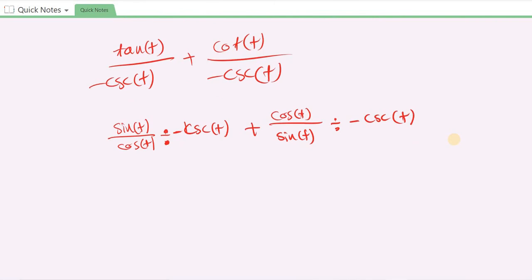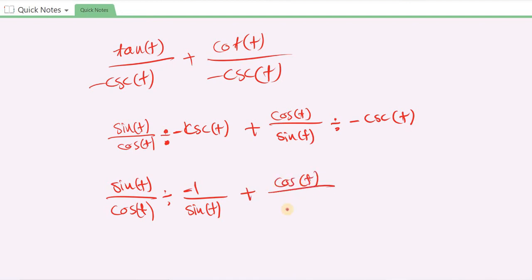I know to turn division into a multiplication and then take the reciprocal, but before I take the reciprocal, let me simplify cosecant. We said cosecant is 1 over sine. So sine t over cosine t divided by negative 1 over sine t, plus cosine t divided by sine t divided by negative 1 over sine t.